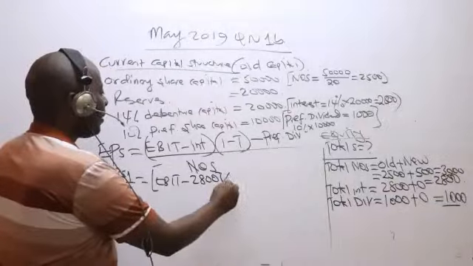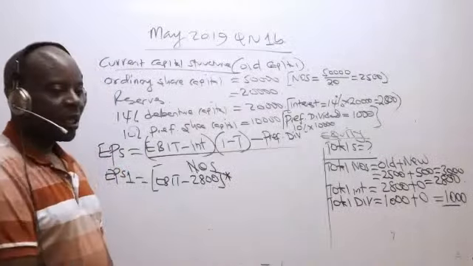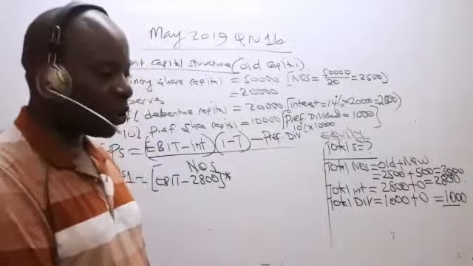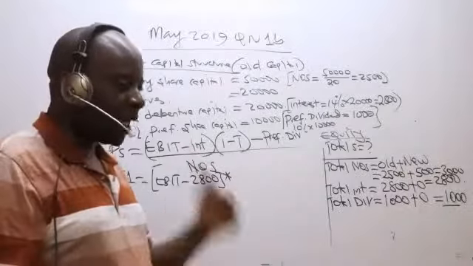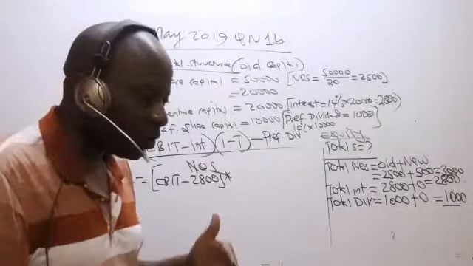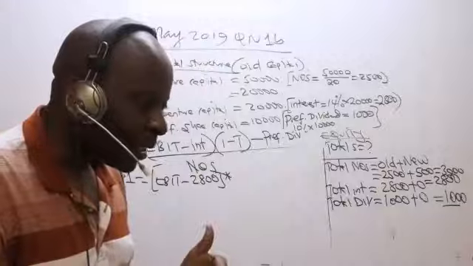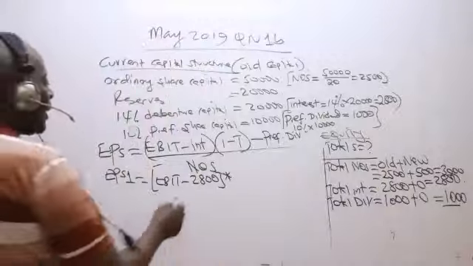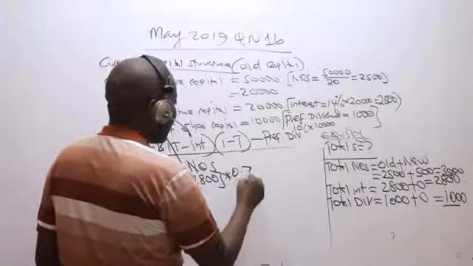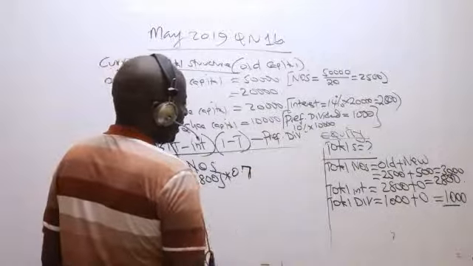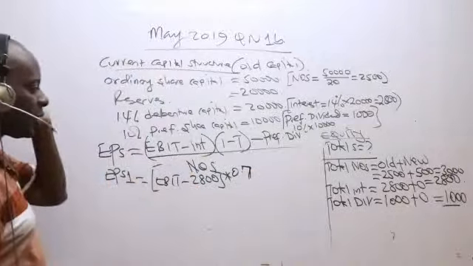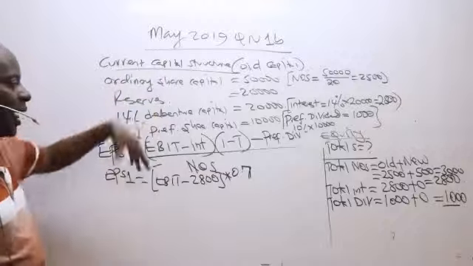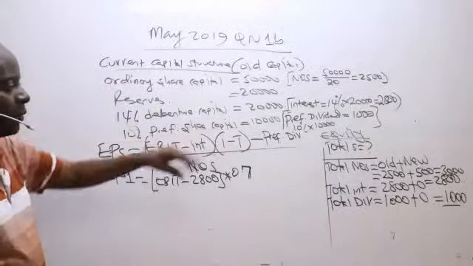The examiner has given the rate of taxation. Do you know the rate of taxation from the last point? 30%, isn't it? So 1 minus 30% gives us 0.7. In this entire scenario, are we going to have any preference dividend?